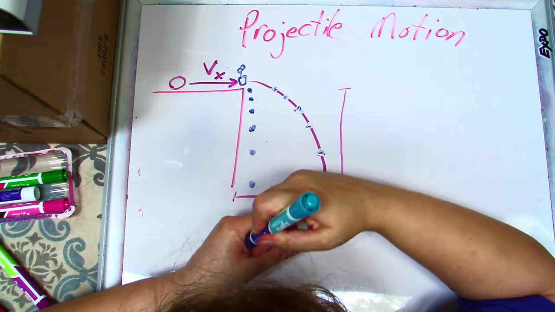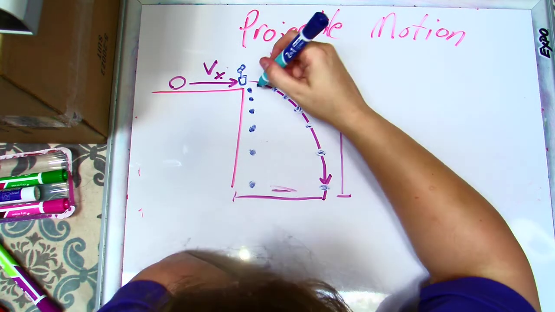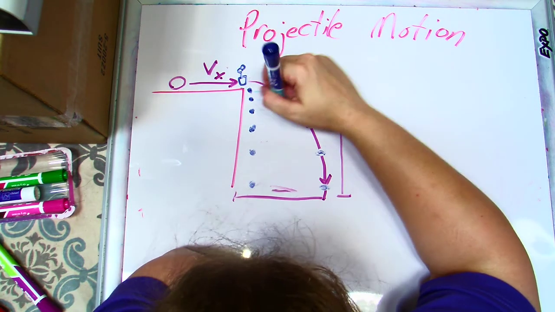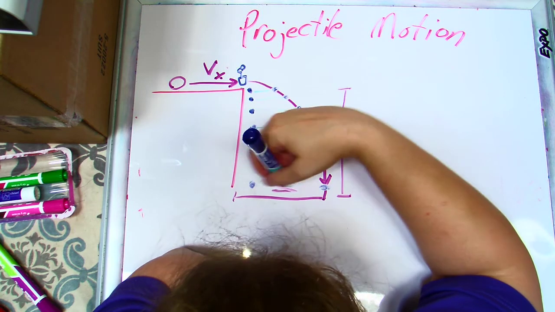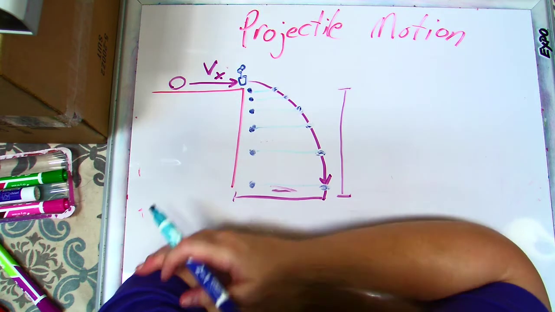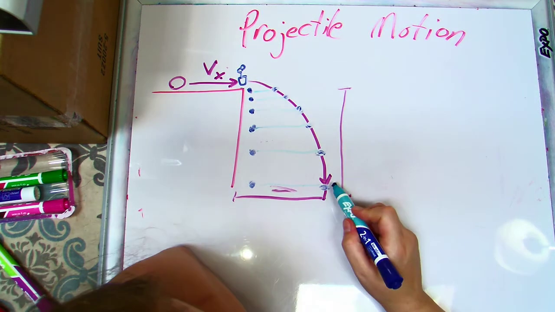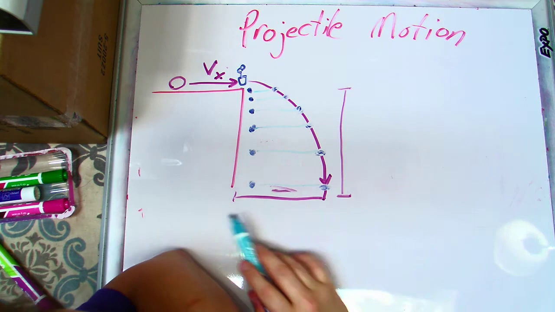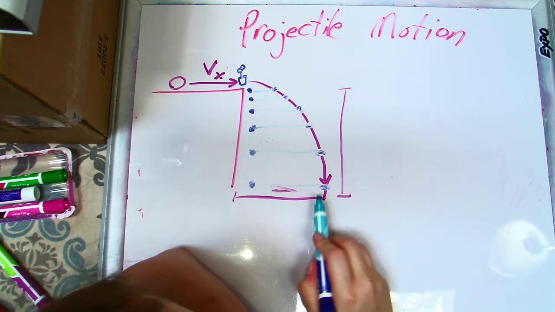What we notice is that, at least height-wise, they match up each second when they fall. But because this one had that initial horizontal velocity, it just fell farther away.